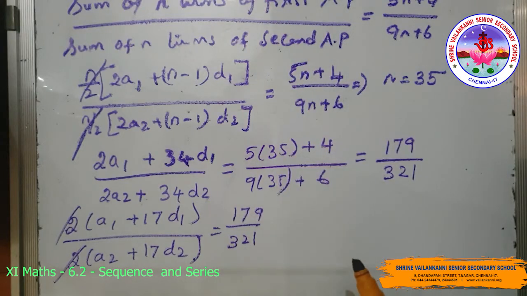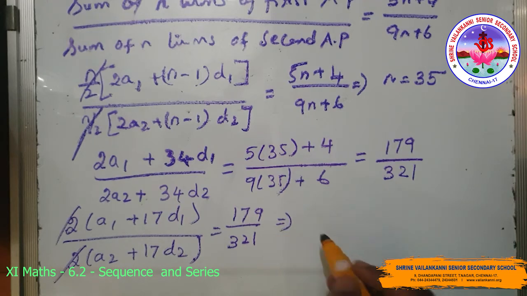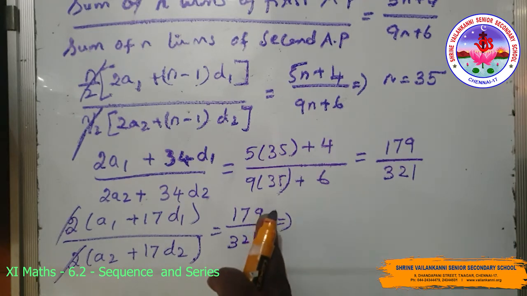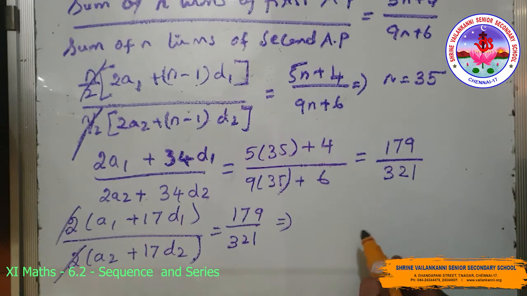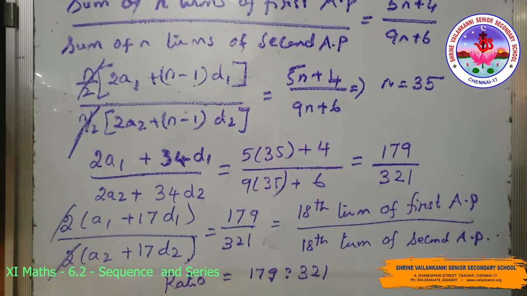So the ratio of the 18th terms of both APs is 179 is to 321. So the ratio between the 18th term of the first AP and the second AP is 179 is to 321.